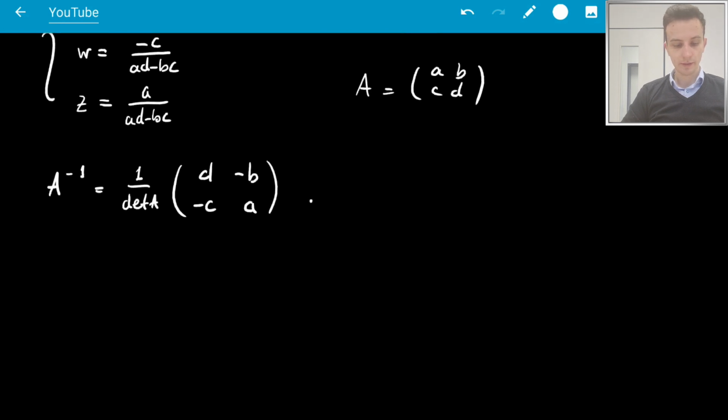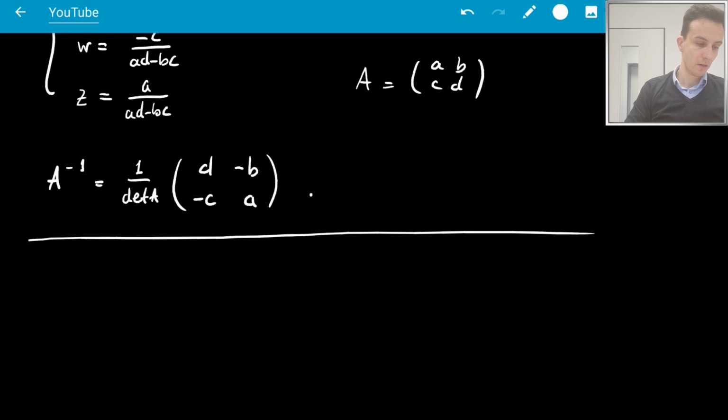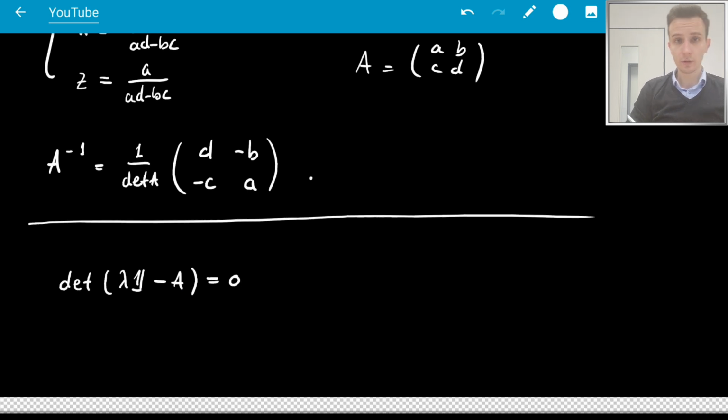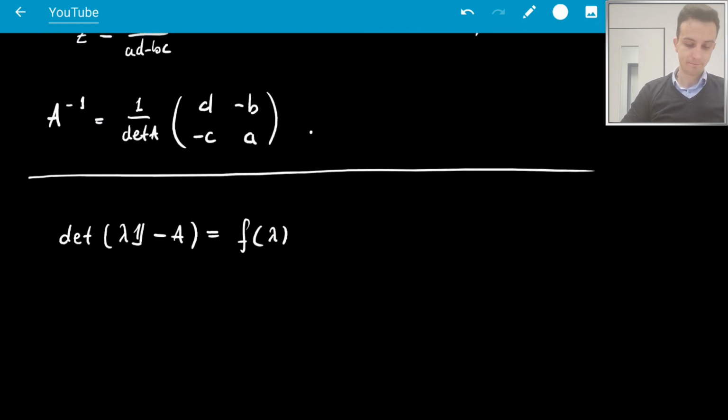Now, what about the eigenvalues? So the eigenvalues are determined by the characteristic equation, determinant of lambda times 1 minus A equals 0. Perhaps I'll call this f of lambda.